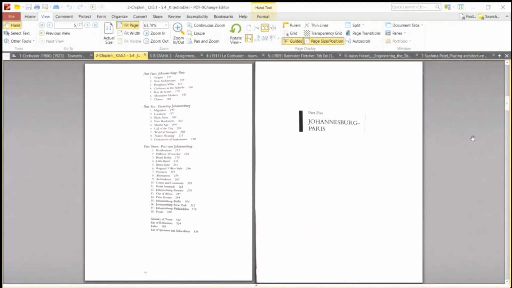We're not going to read all of it, but we're going to jump to chapter 5, which he calls Johannesburg, Paris. Corbusier is based in Paris, and South African architects in the early 1900s are going to develop a very strong link with Paris.